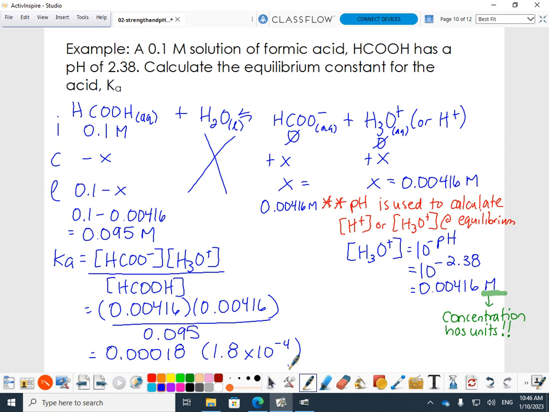So we'll do one more acid example where we can't solve for X. We have to use the equilibrium law to solve for X. And then we'll do a base question. But like I said, the majority of questions are acids because weak acids are much more common and much more usable than weak bases.